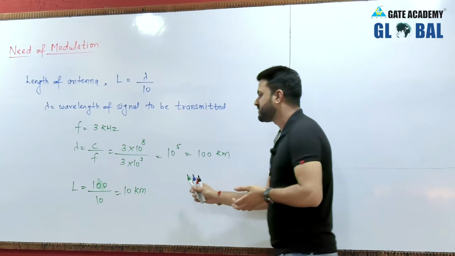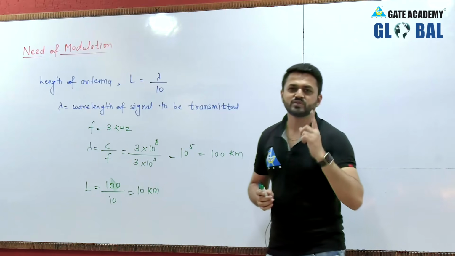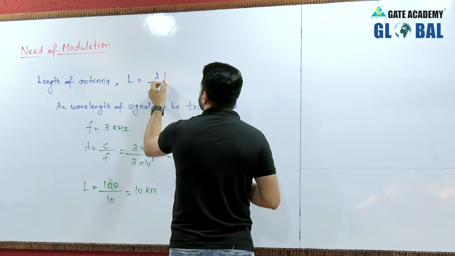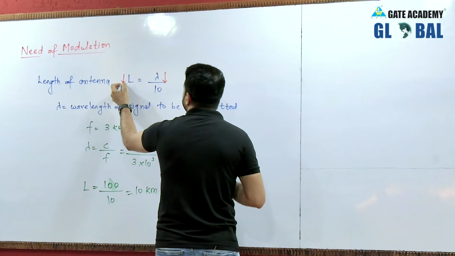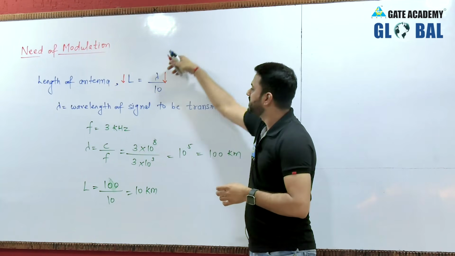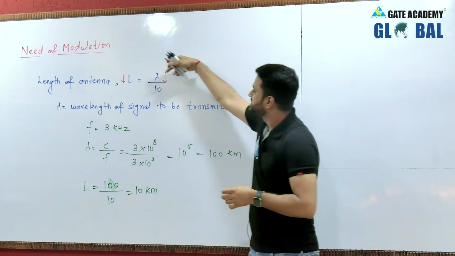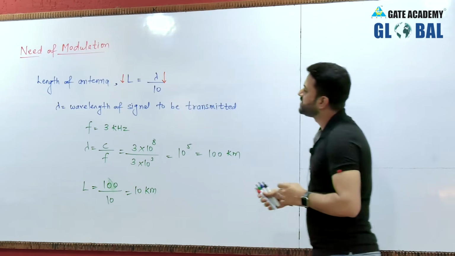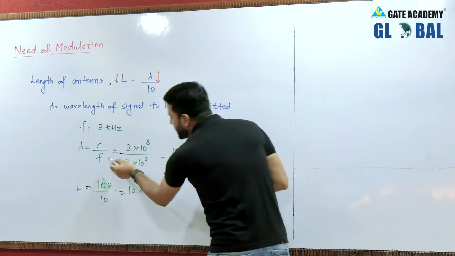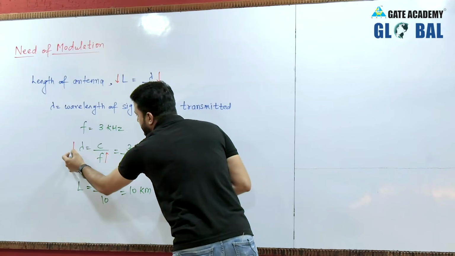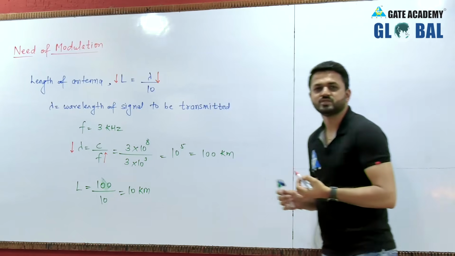Now what do we have to do if we want to reduce the height of antenna? We should reduce the wavelength of the signal to be transmitted, then the length will also be reduced. How can we reduce the wavelength? If I increase the frequency, the wavelength is also reduced.